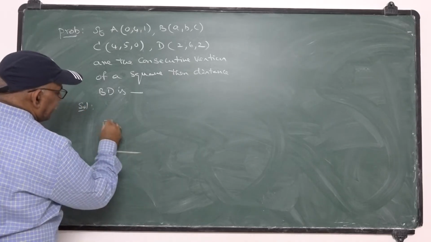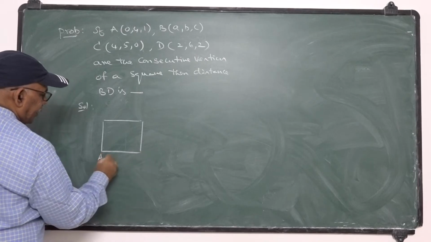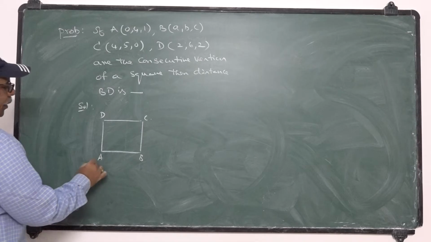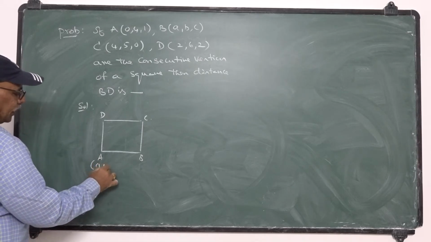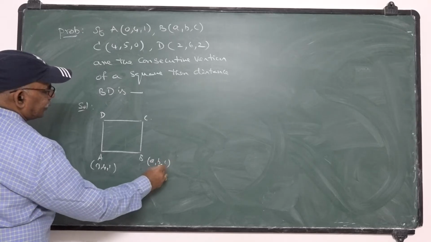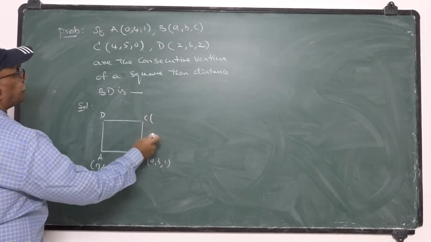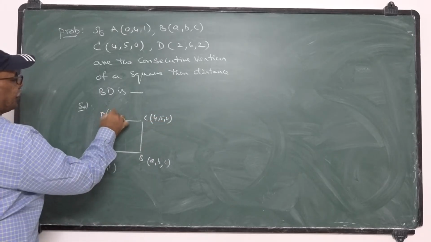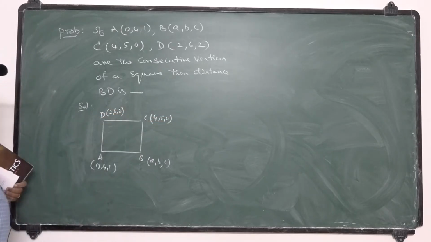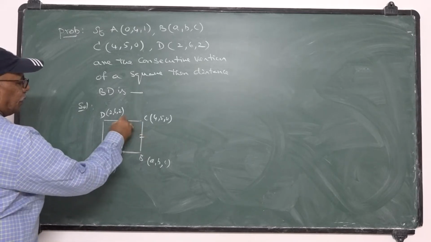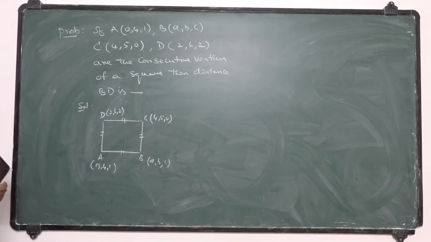Suppose this is the square here, ABCD are consecutive vertices of the square. A is (0, 4, 1), B is as given, C is (4, 5, 0) and D is (2, 6, 2). It is a square: AB equal to BC equal to CD equal to AD.